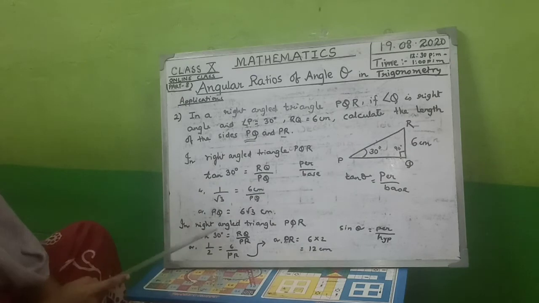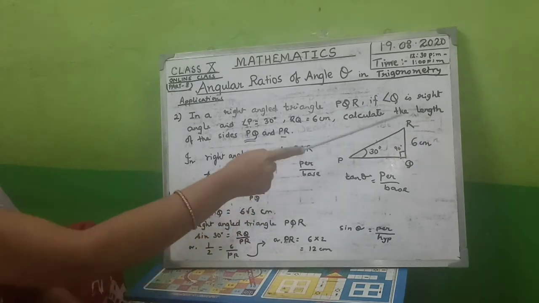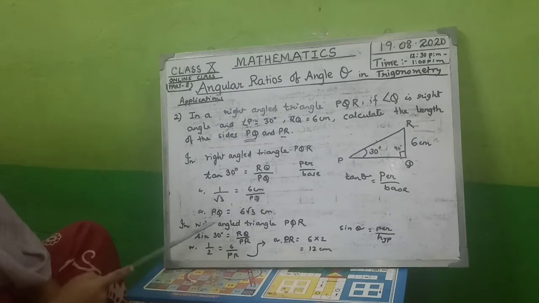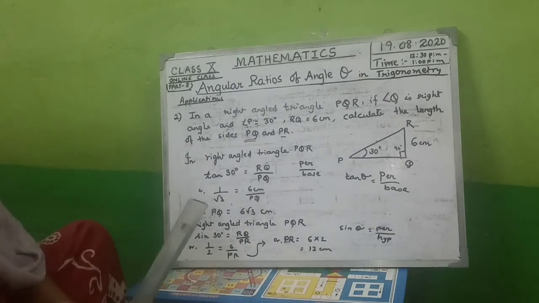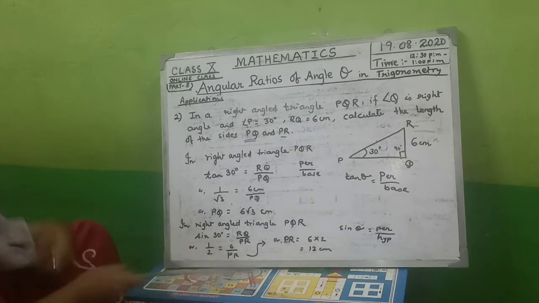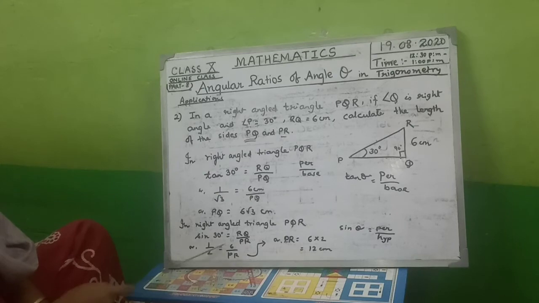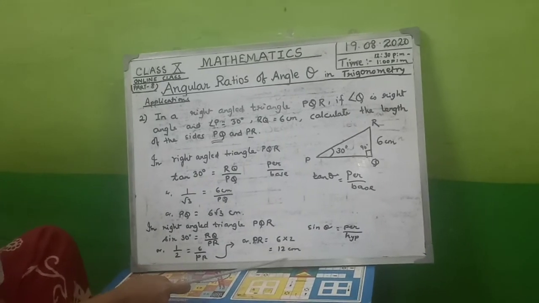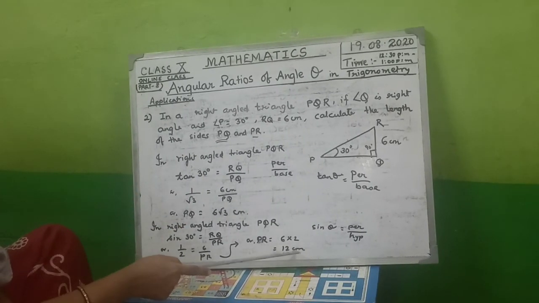Sin 30 is equal to perpendicular, RQ, by hypotenuse, PR. What is the angular ratio of sine 30? That is half. Cross multiply. So PR into 1 is PR and 6 into 2 is 12. So PR is equal to 12 centimeter.